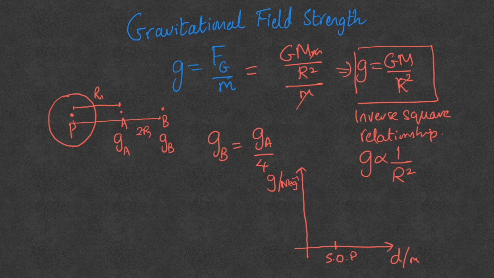All right, so when you're on the surface of the planet, the gravitational field strength has its maximum value, and then as the distance increases, you know that this is an inverse square relationship. So as the distance increases, the gravitational field strength keeps falling exponentially.